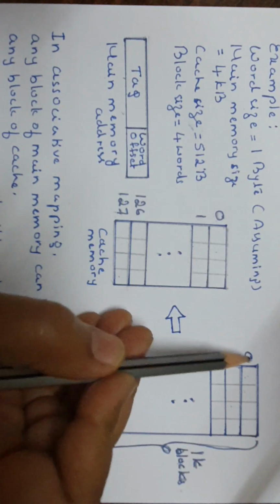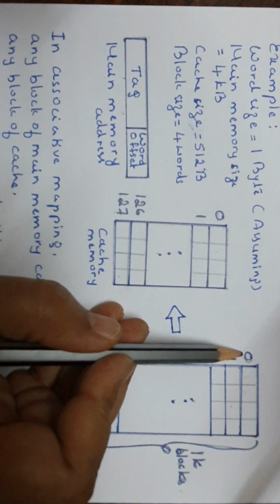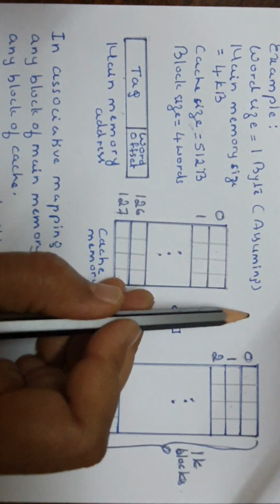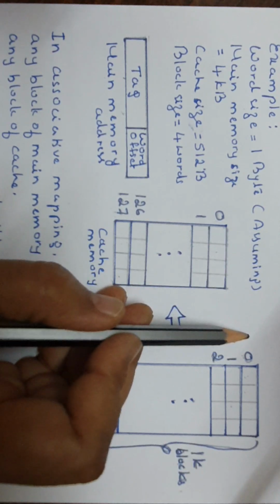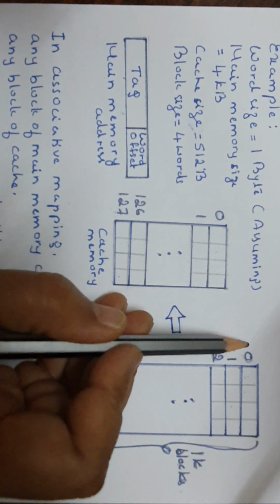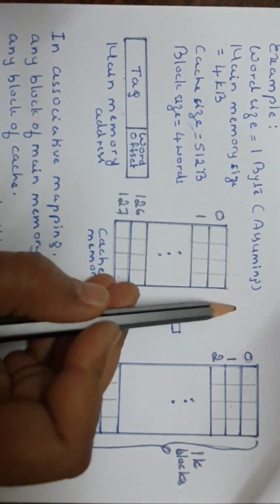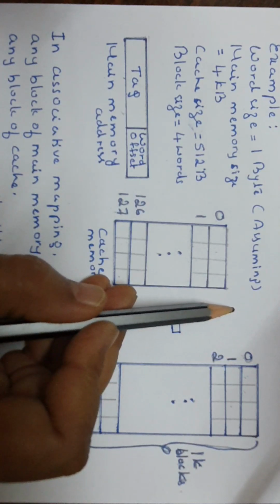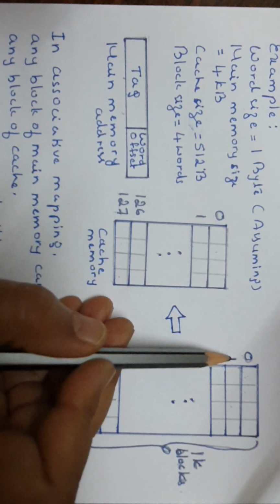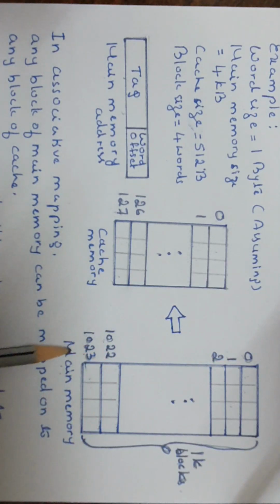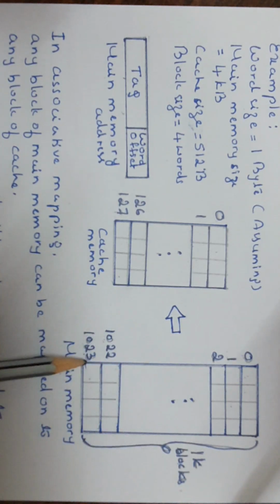Block 0 in binary is 10 zeros. The next one is 9 zeros and a 1. When we reach the last one, block 1023, we write 10 ones. That gives the 10-bit identification for any block here.